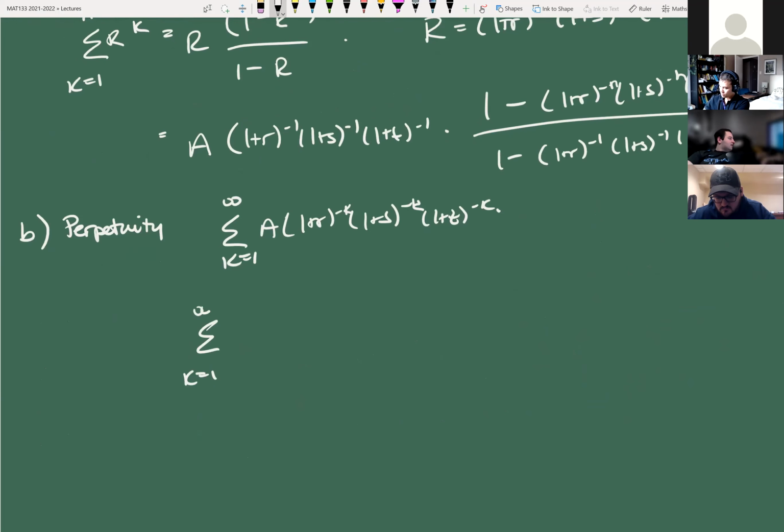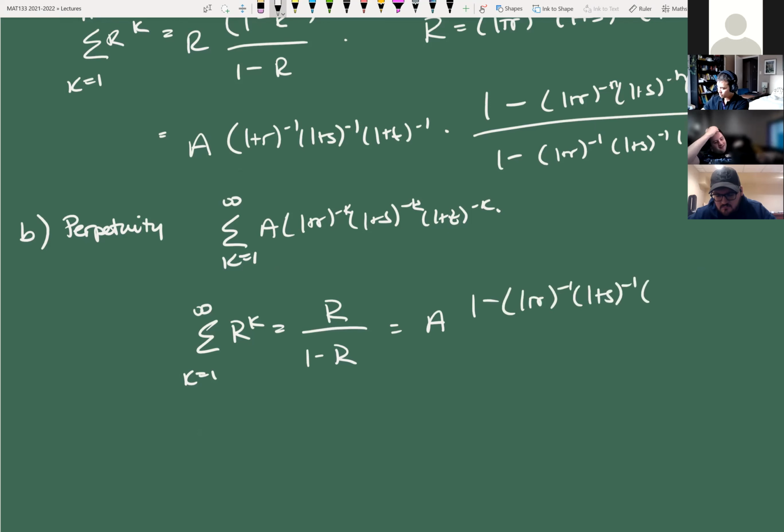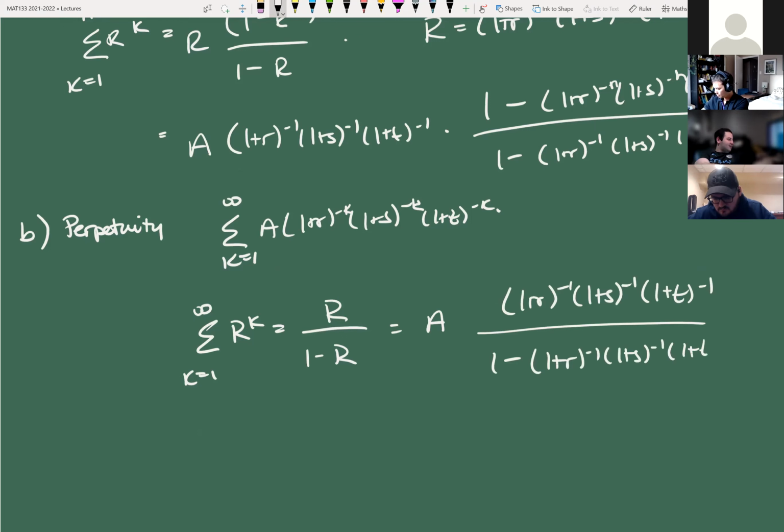The sum from k equals 1 to infinity of r to the k is r over 1 minus r. So in this case, we would get 1 plus r to the negative 1, 1 plus s to the negative 1, 1 plus t to the negative 1, divided by 1 minus that. Like that, right? And is that what I got? Yeah, that looks right.